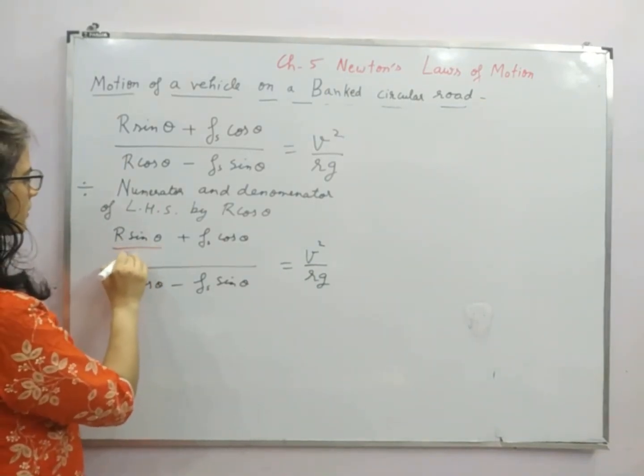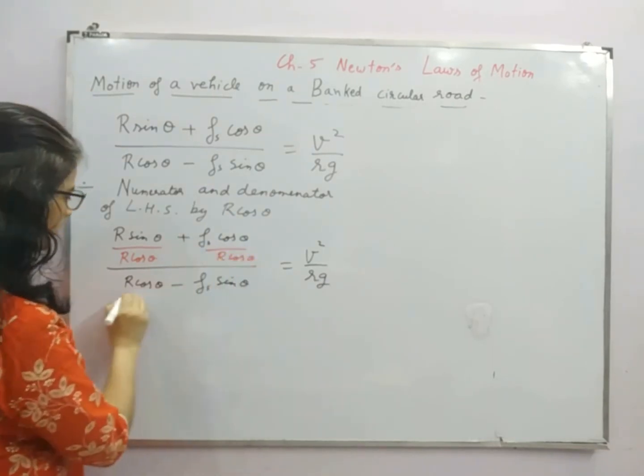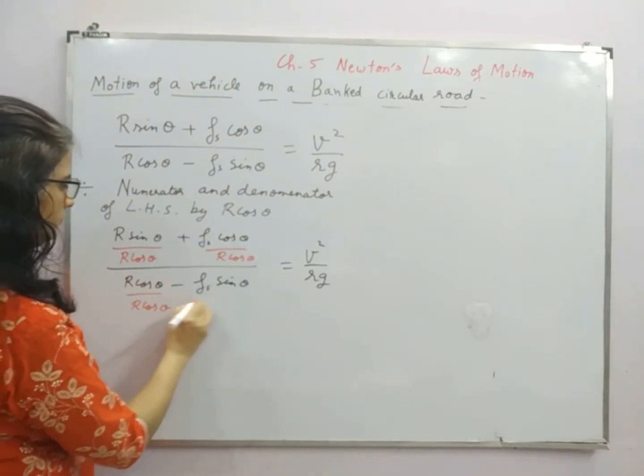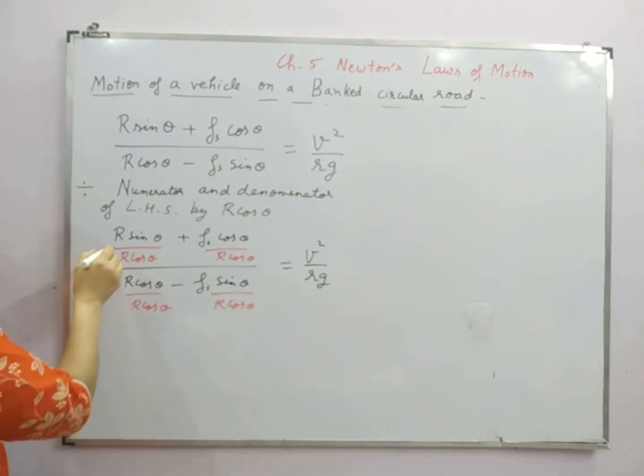So here it is R cos theta, here it is R cos theta, here also R cos theta, and here also R cos theta. So check out what happens.